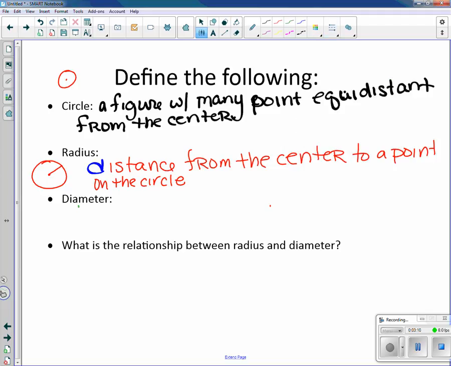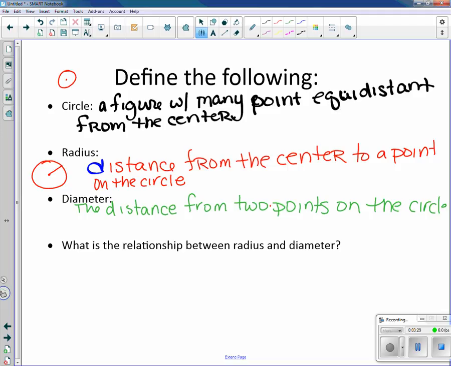The distance from 2 points on a circle, but what's the key here? It has to go through the center.